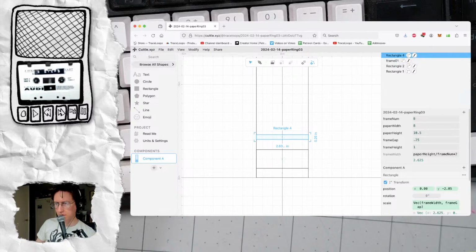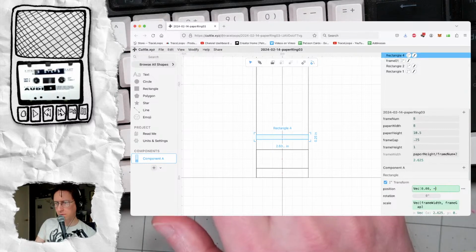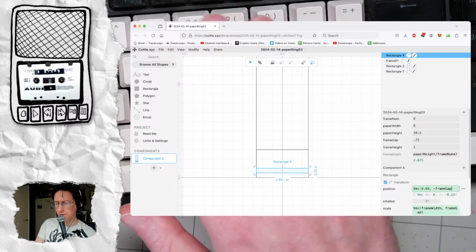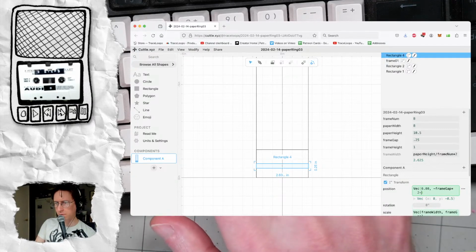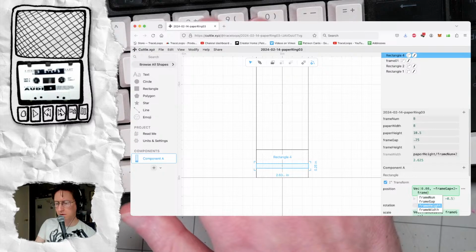Frame width. This is frame gap times 2 minus frame height times 1.